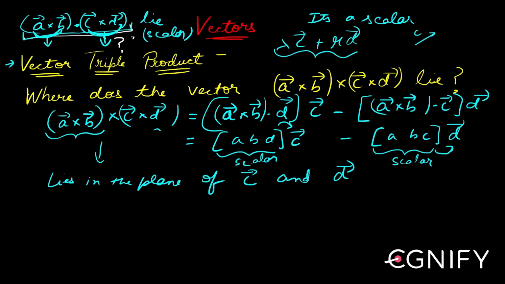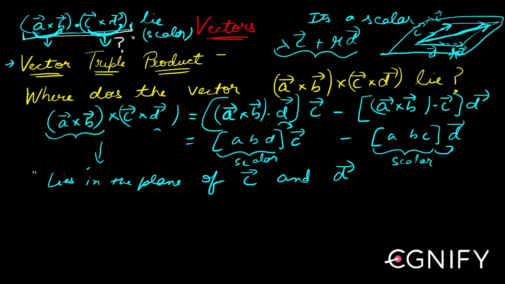Because your C is here, lambda C will be something like this, and your D is here, mu D will be something like this. Then you're adding this lambda C and your mu D. So you're adding these two vectors, so make a parallelogram having these two as the edges, and this will basically be the result. And this result is obviously in this parallelogram, so in the same plane as both these vectors, right? So that's what the understanding is.